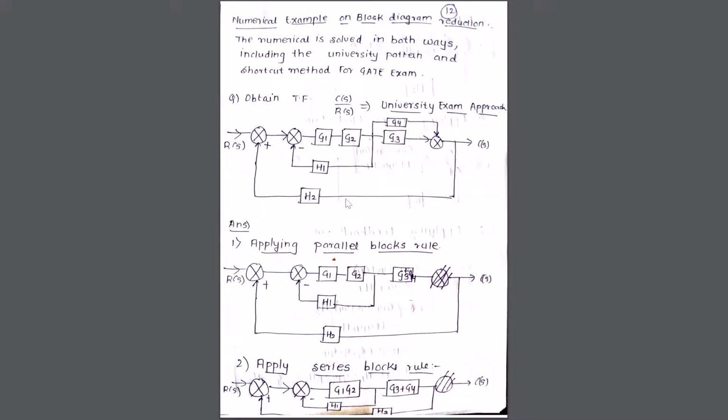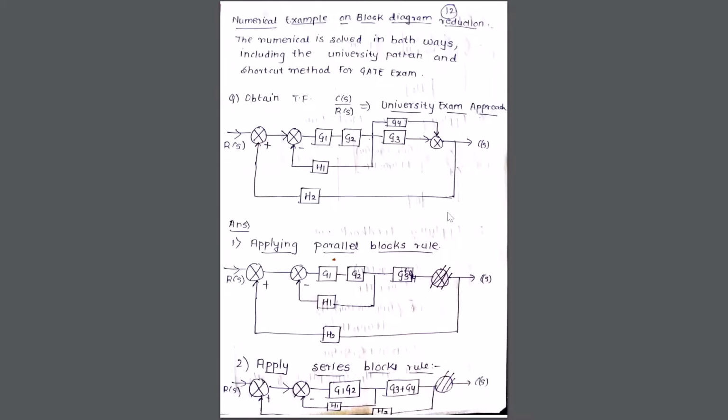I'll repeat again. Look at the diagram. We have G4 and G3 in the same direction. Hence, a parallel block rule can be applied. You can refer the rules over here. We have G3 plus G4. Since no sign is mentioned, we are assuming it as plus. Next, we have blocks in series. So, we have G1 into G2. G1, G2, H1 forms a feedback kind of system.